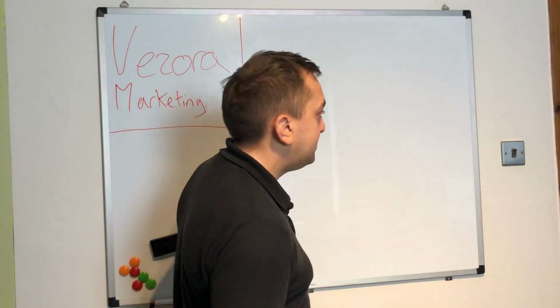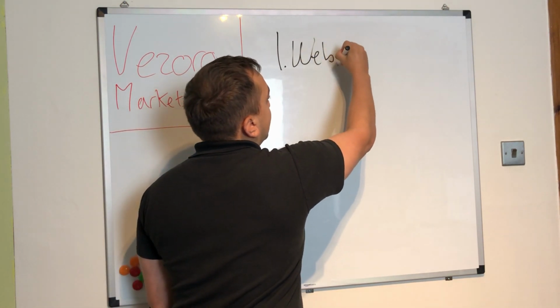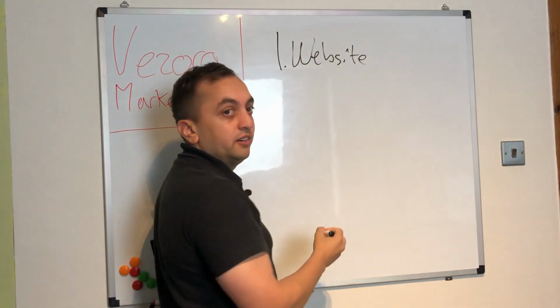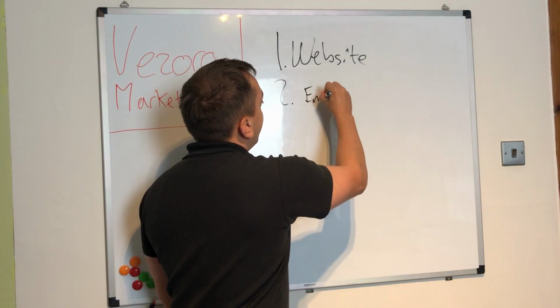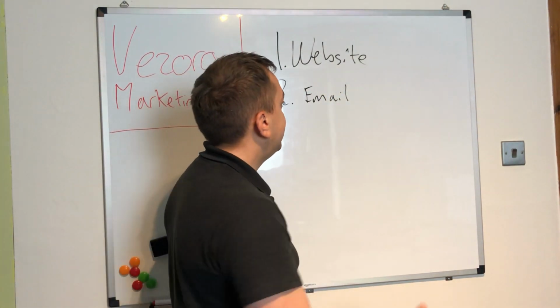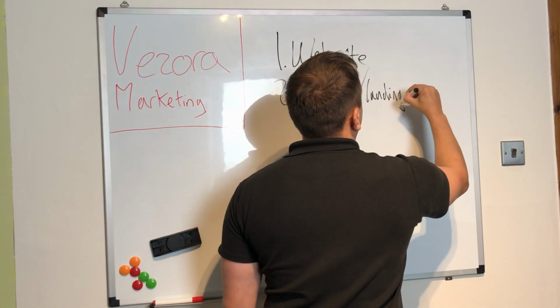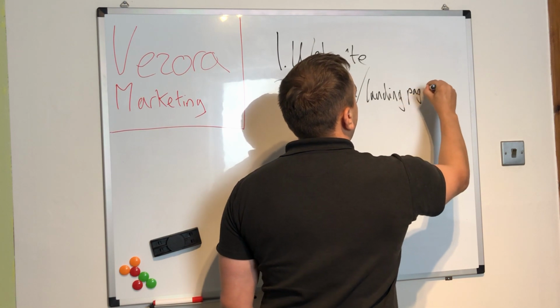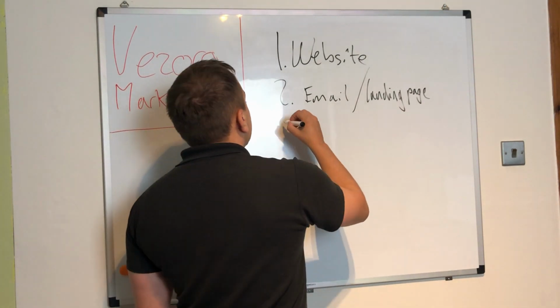So there's 5 parts to this video. It's very simple. First of all, you're going to need a website, so you're going to need to get some hosting. 2, we're going to need email set up, preferably one that's got a landing page set up in it. 3, we're going to need Clickbank.